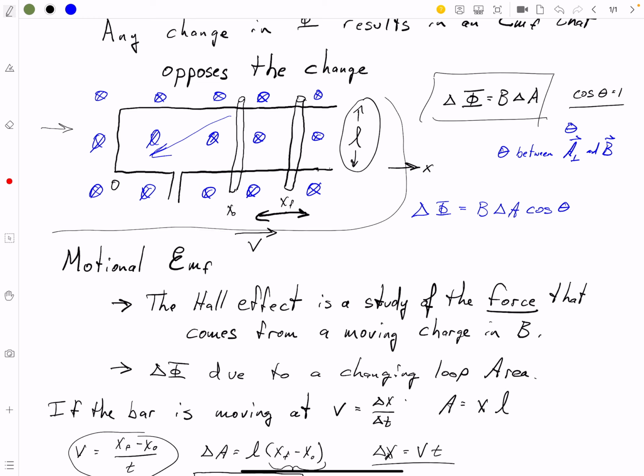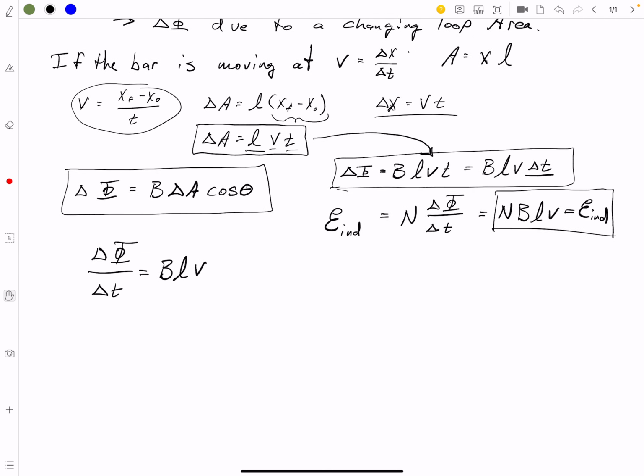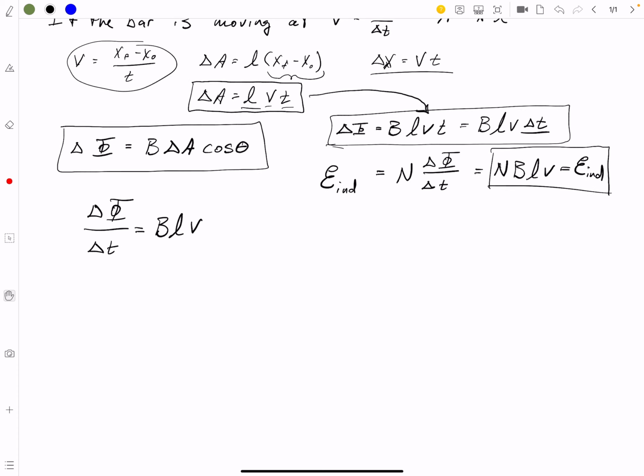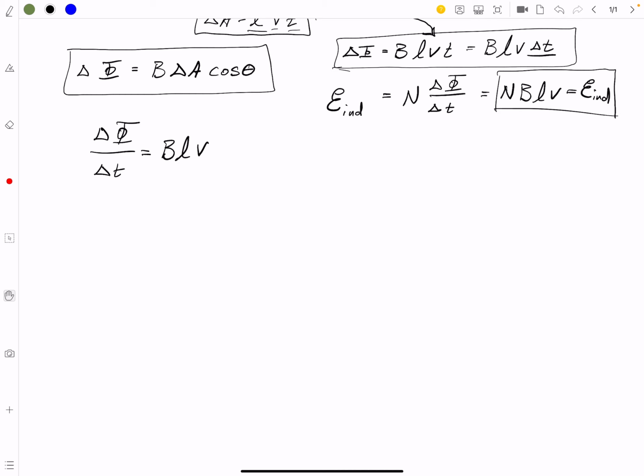In fact, these problems are in the homework assignment.